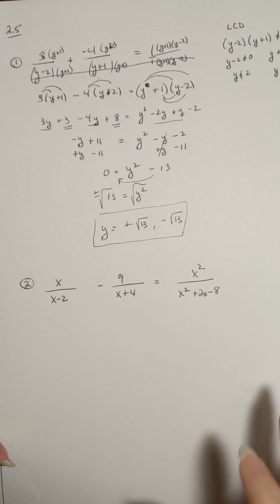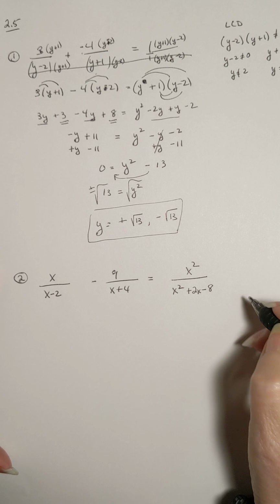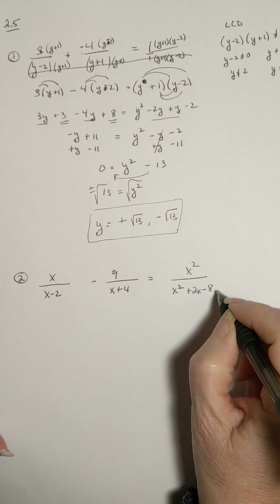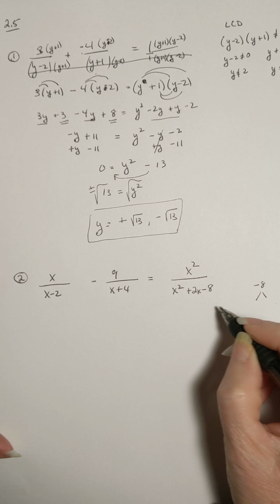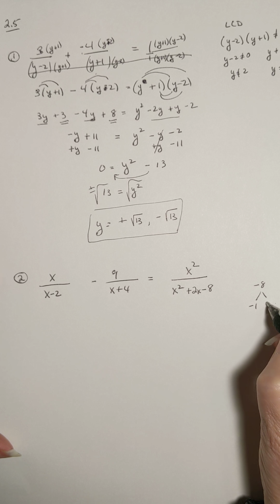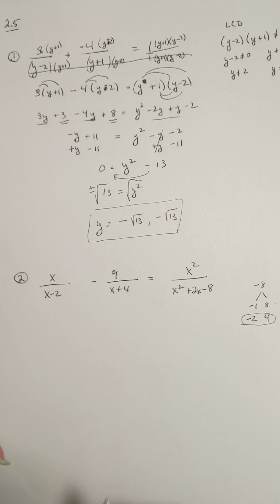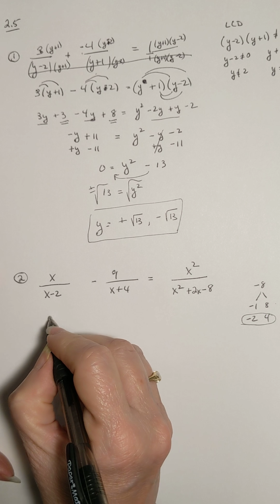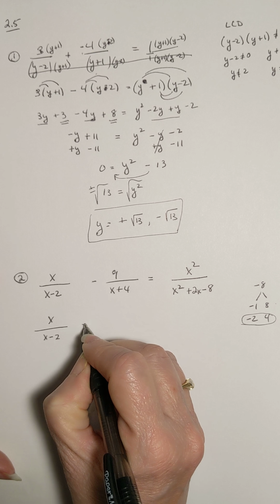Now, the first thing that I need to do is factor this denominator. So negative 8 is negative 1 times 8, or negative 2 times 4, and this gives me 2, which is what I want. Now, notice that that is, let me get it written down.